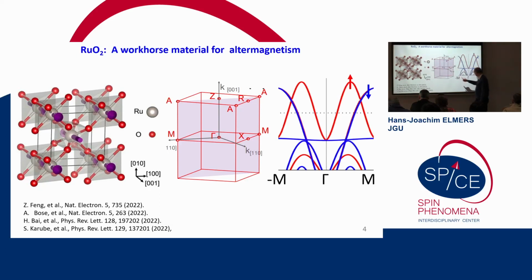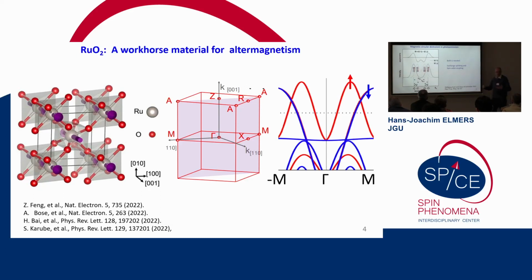From the gamma to the M point, calculations show that you would have exchange splitting of spin-polarized bands. Red stands for spin up and blue for spin down electrons, and you see fairly large exchange-split bands in ruthenium dioxide.